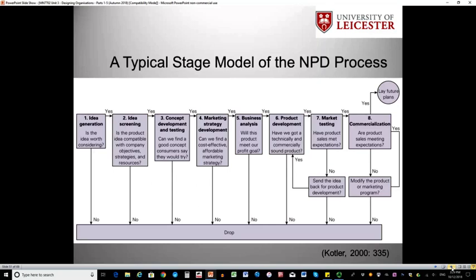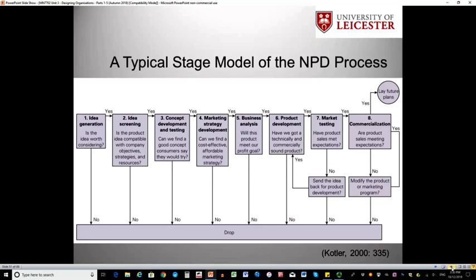So one way of starting to think about innovation process and innovation routines and how we might set up a successful process is to think about the different activities, and then to think about how those different activities link to each other.